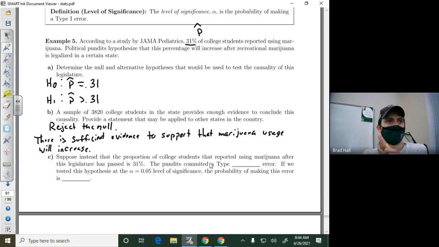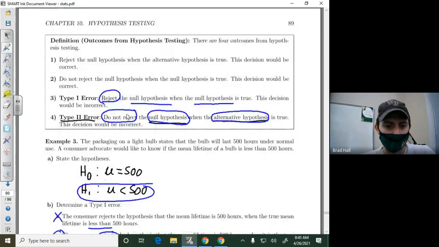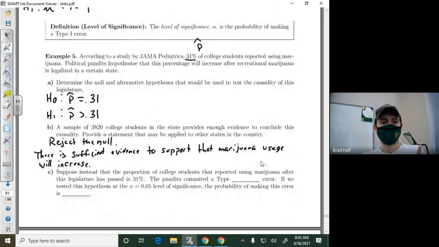Type 1 is when you reject the null when the null was true. And the second one, I'm trying to remember all these. I always forget that one. Yeah, you do not reject the null when the alternative is true. So what the pundits did, they thought that the null hypothesis was wrong, and they were in fact wrong.